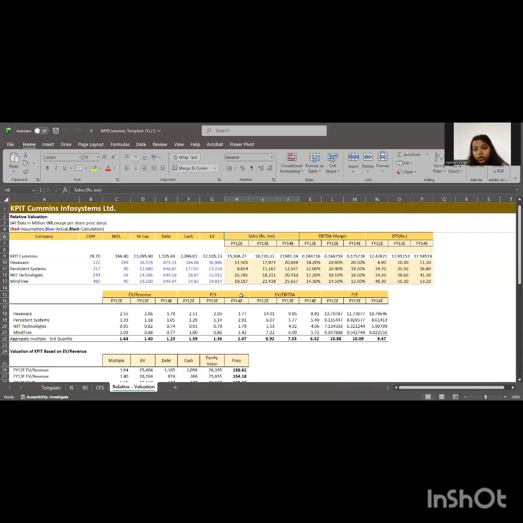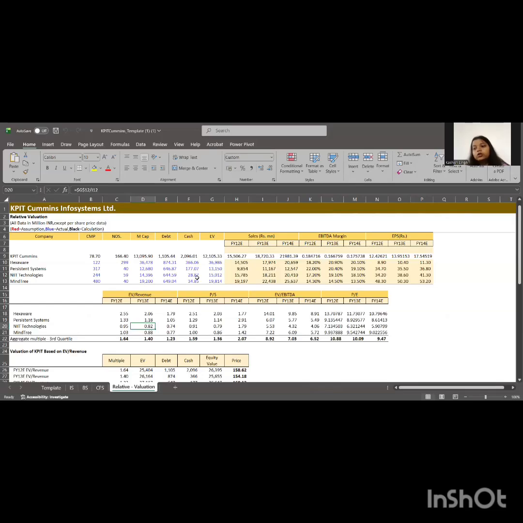The formula is basically pulling data from the income statement sheet, something like equal to income statement, and the relevant cell.